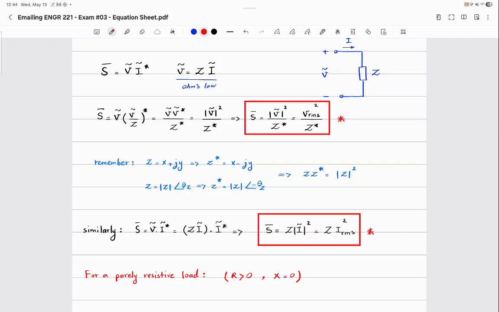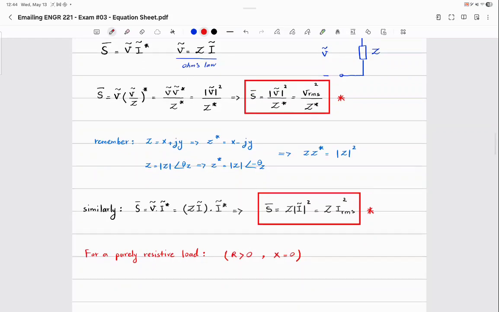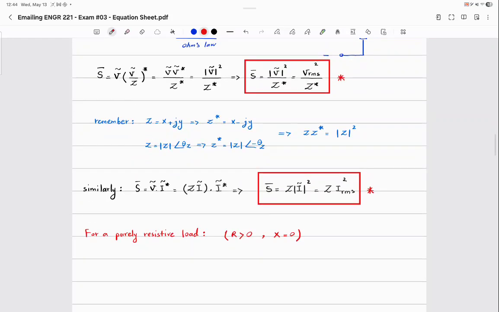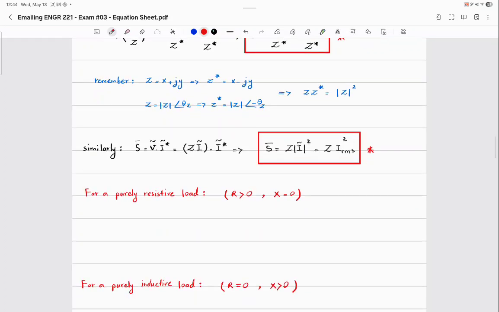Now that I have these two alternative equations, let's apply them to different loads, for example, resistor, capacitor, inductor, and see what happens there. For a purely resistive load, what does it mean, purely resistive? It means that it's only a resistor. So R is some positive value, and X, what was the name of X?